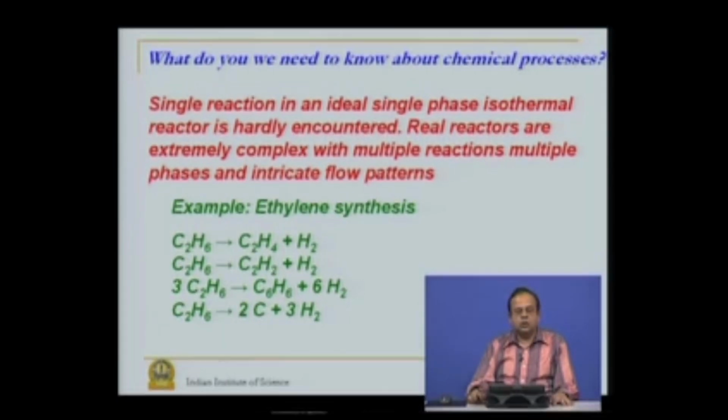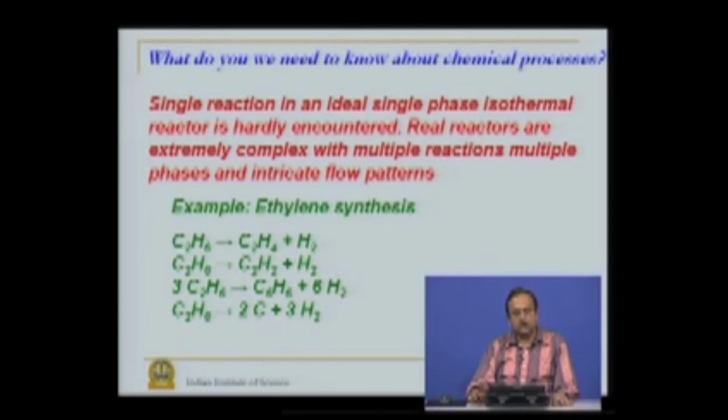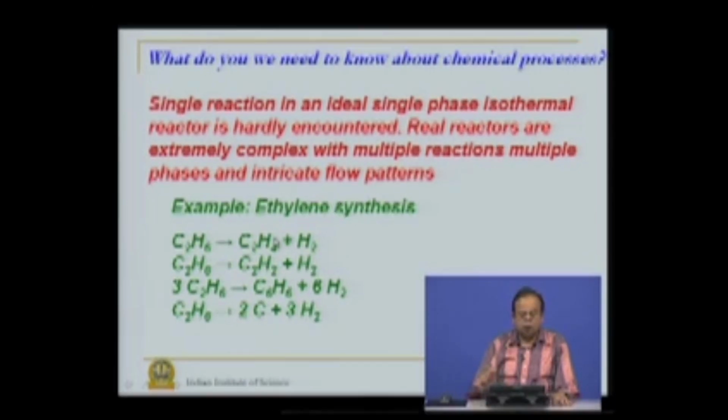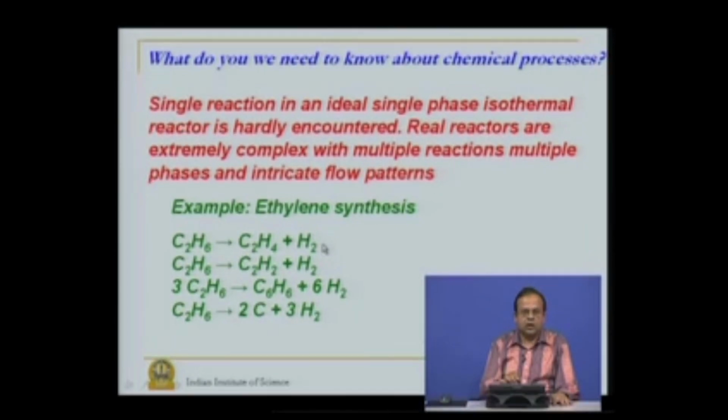We are all using the product polyethylene or many products made from this. The monomer for this polyethylene is ethylene. So, the simplest way of making ethylene is dehydrogenation of ethane. So, we have ethane getting dehydrogenated giving rise to ethylene. However, in a real reactor this will not be the only reaction that is taking place.